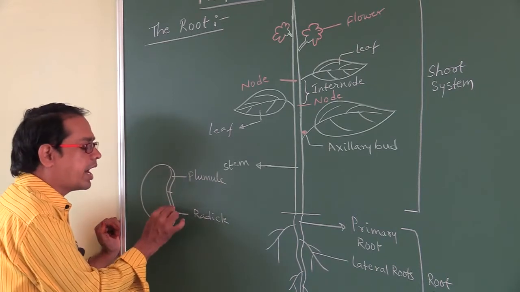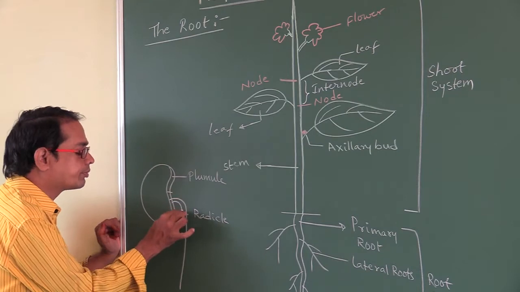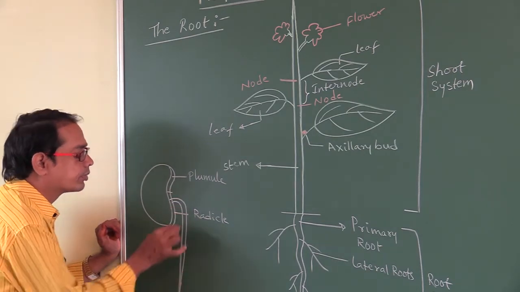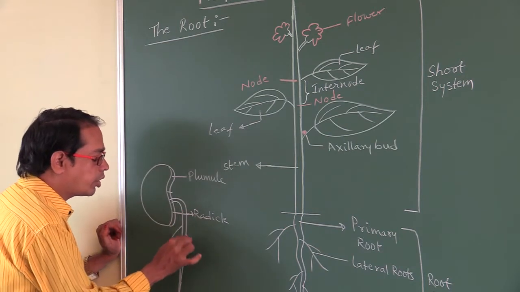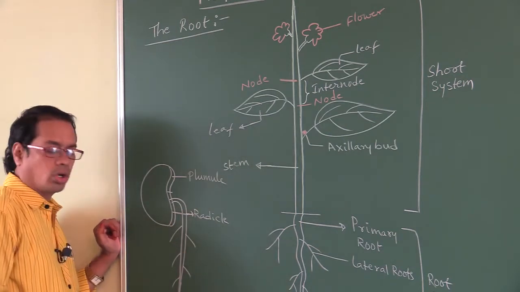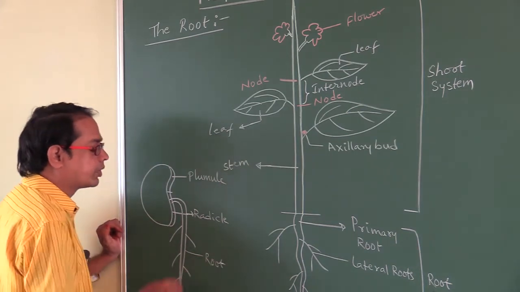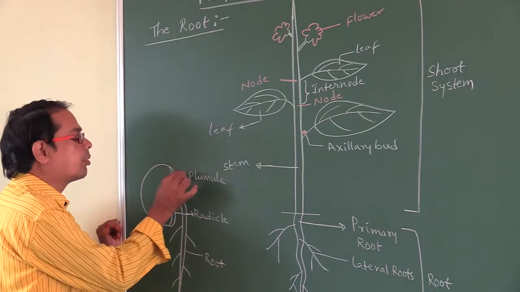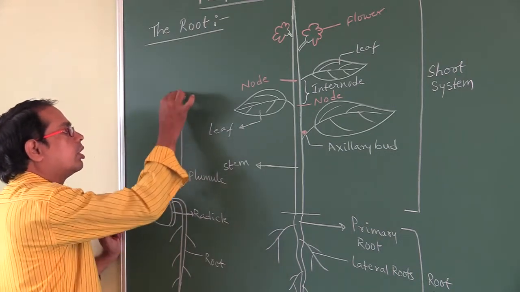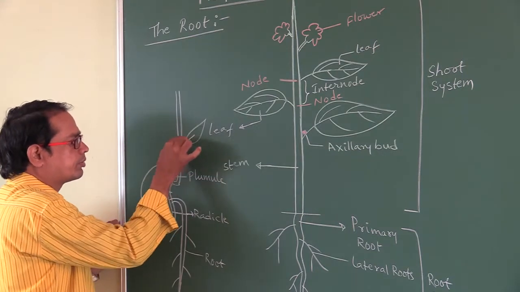Later, this radicle of the embryo develops into root. This is so called root. The plumule of the embryo develops into shoot.